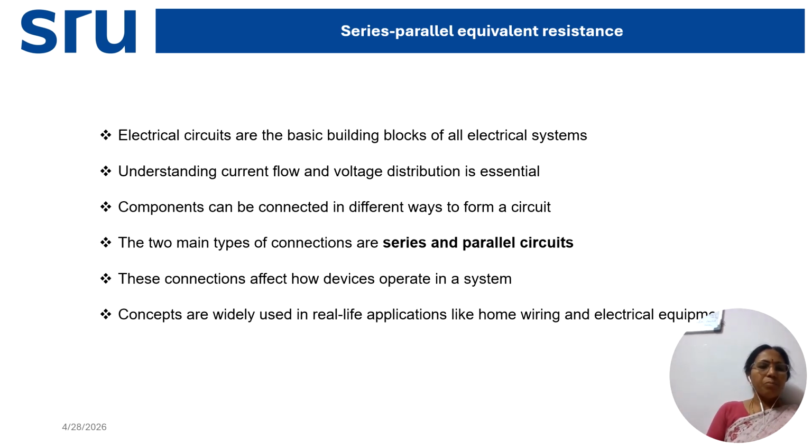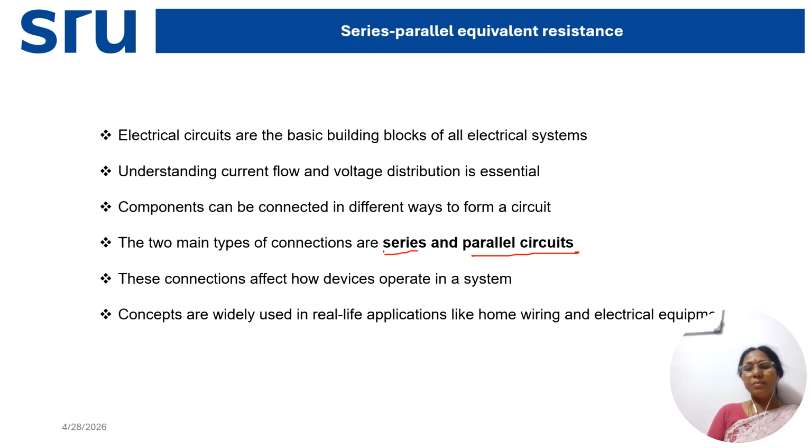Before that we should know how the elements are connected. Basically there are two different types of connections: series and parallel circuits. These basic circuit connections affect how devices operate in a system, and the concepts are widely used in real life applications like home wiring and electrical equipment.